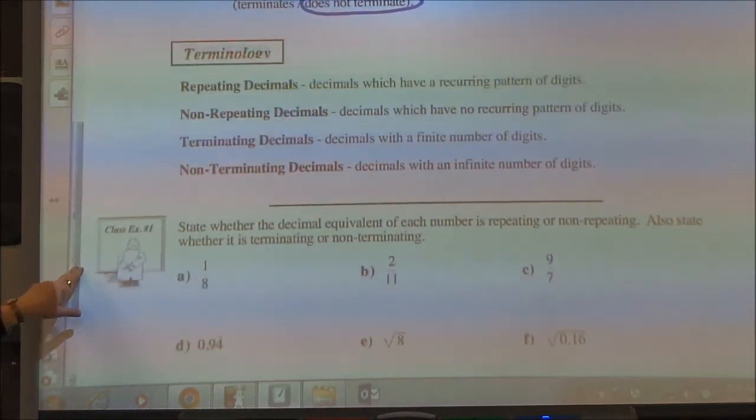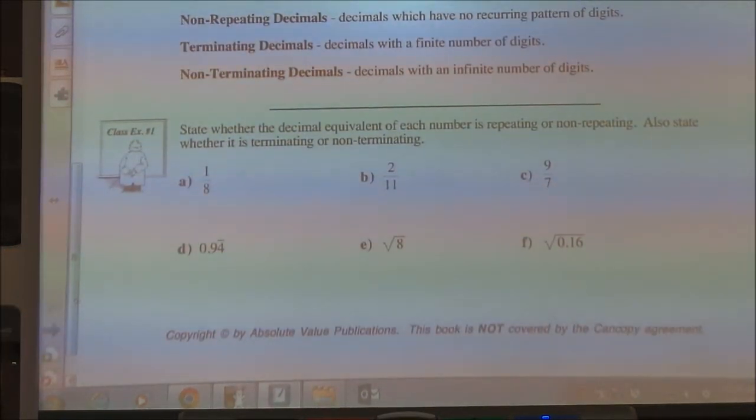So what I'd like you to do right now, with class example number 1, is look at each of these numbers. If it's a fraction, convert it to a decimal. Tell me whether the decimal is repeating or non-repeating, and whether it is terminating or non-terminating. I'll give you about 3 minutes to do that.